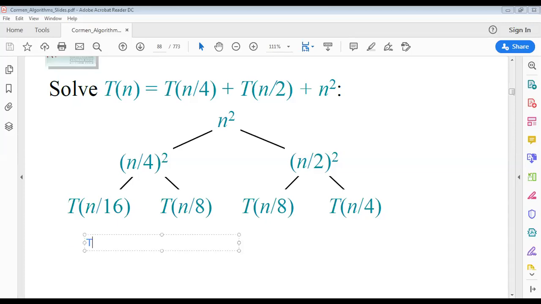T of n by 4 should be equal to T of n by 16, because here it is n by 4, and if we put n by 4 instead of n, it should be n by 16, plus T of n by 8, because if we put n by 4 here, then it should be n by 8.